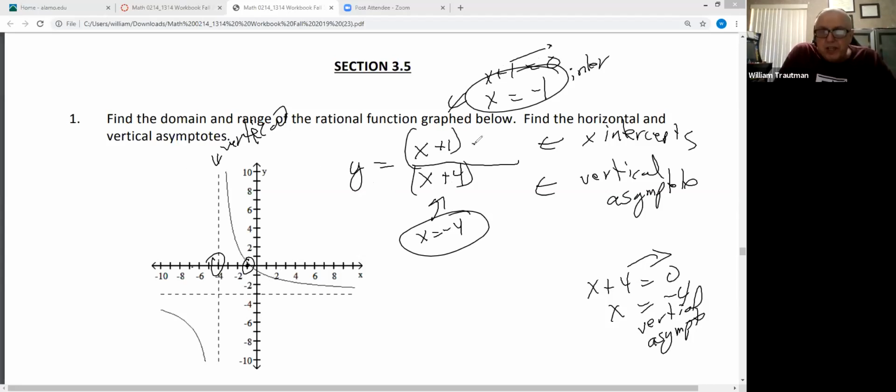So the top are the x-intercepts, the bottom are the vertical asymptotes. And you always have the vertical asymptote start with x equals. So this is how you would write this equation, and we're using this for number 3 when we get to that here in a little bit. Okay, I just wanted to do a quick introduction to that.